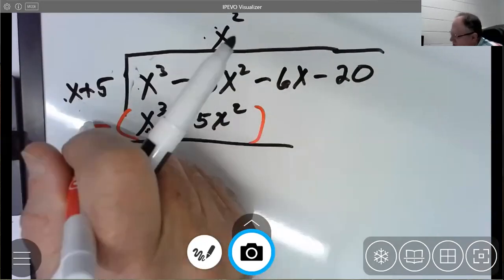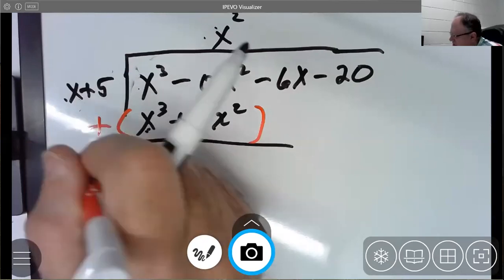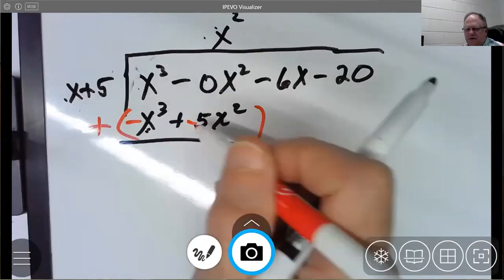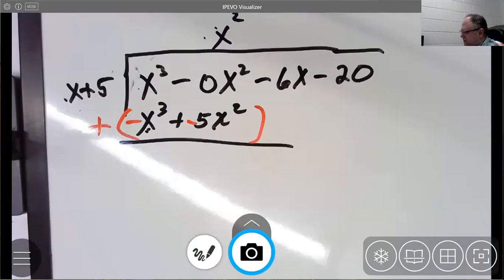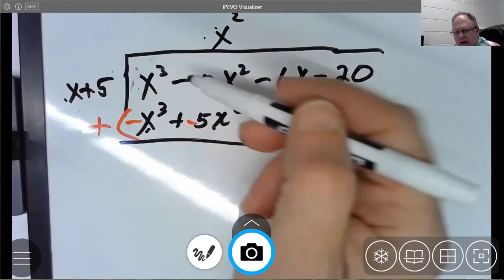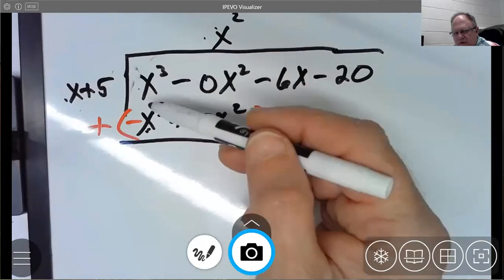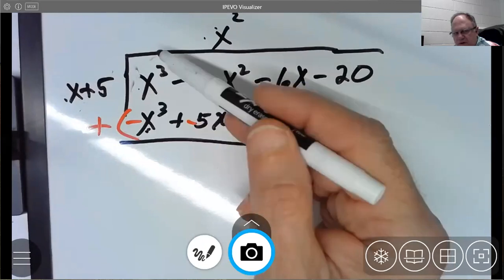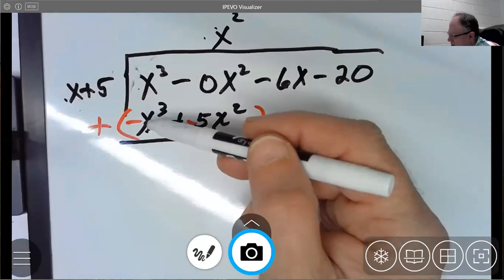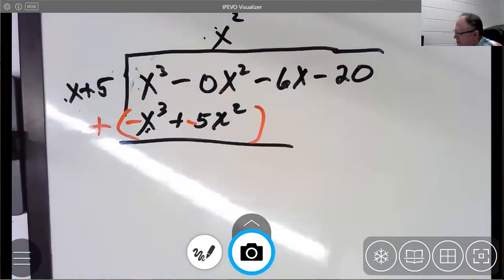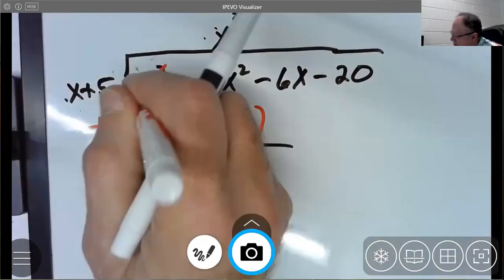So we distribute that negative, that becomes a positive, that's negative and negative. We always do that on every step, because we want to cancel out this first term. You've got a positive x cubed and a negative x cubed, they go to 0, right? They cancel out.